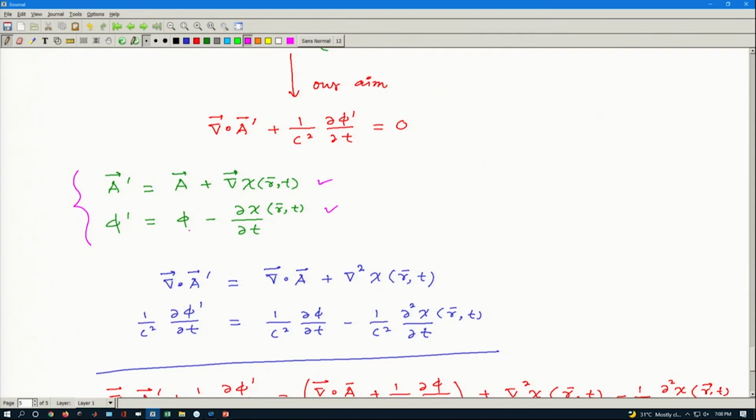This new A prime and phi prime can be constructed from the given A and phi and also an arbitrary function chi, which is my choice.